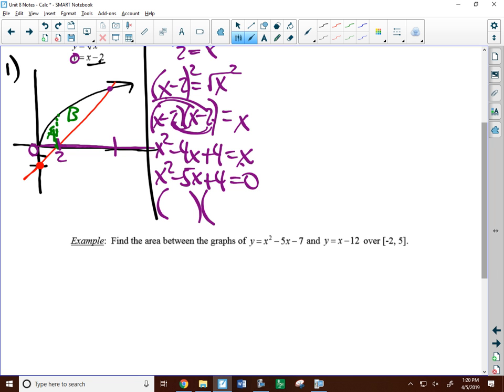Factor. Not always the same trinomial factoring, but in this one it is. Okay, so the numbers I multiply get 4, and add to get negative 5: negative 1, negative 4. So finally, 1 and 4.